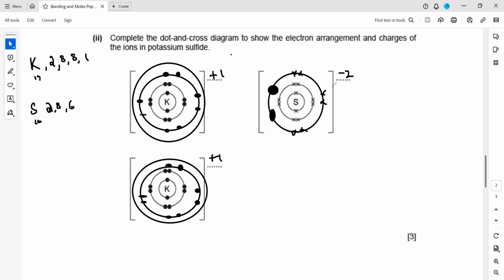So potassium sulfide has 2 potassium ions and 1 sulfide ion. So this is the dot and cross diagram for potassium sulfide. Is it clear? Any doubt in this?